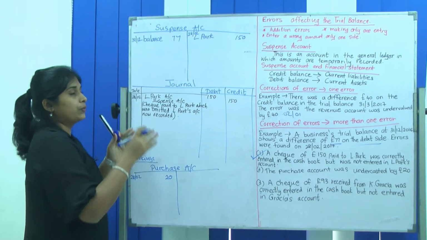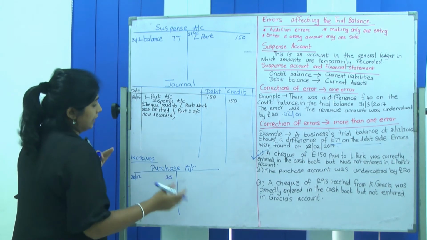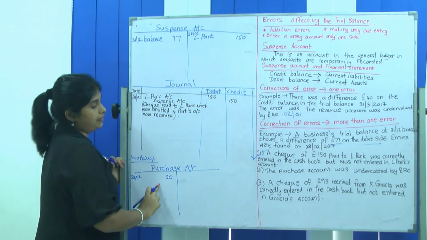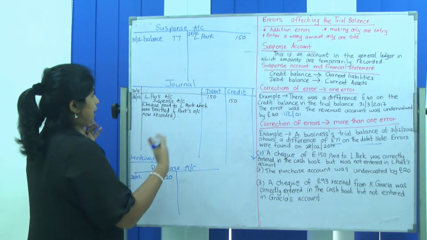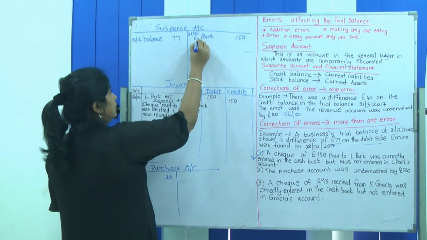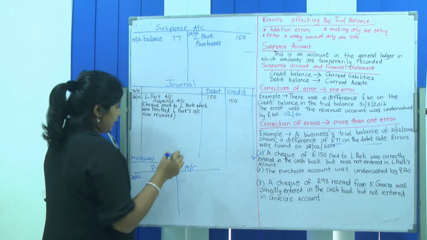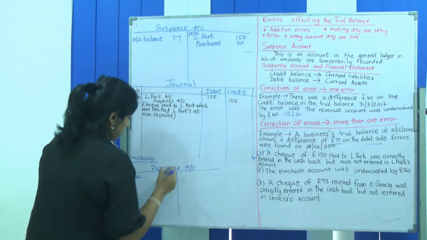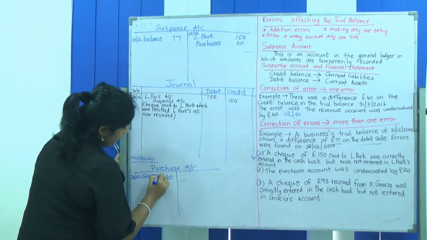So to increase it, you have to debit the purchases account. There is no other account to credit except the suspense account, so it will be credited as purchases 20, and purchases will be debited as suspense account.